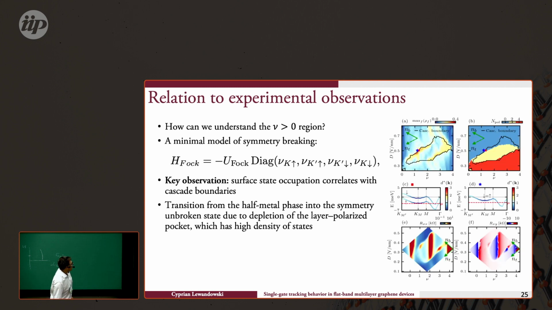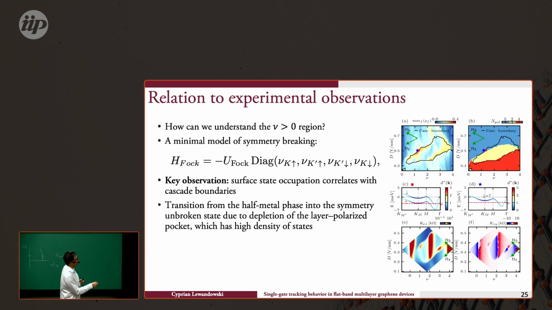So what you find is that upon allowing for the symmetry breaking, the gate boundaries seem to match where the symmetry breaking transition occurs.